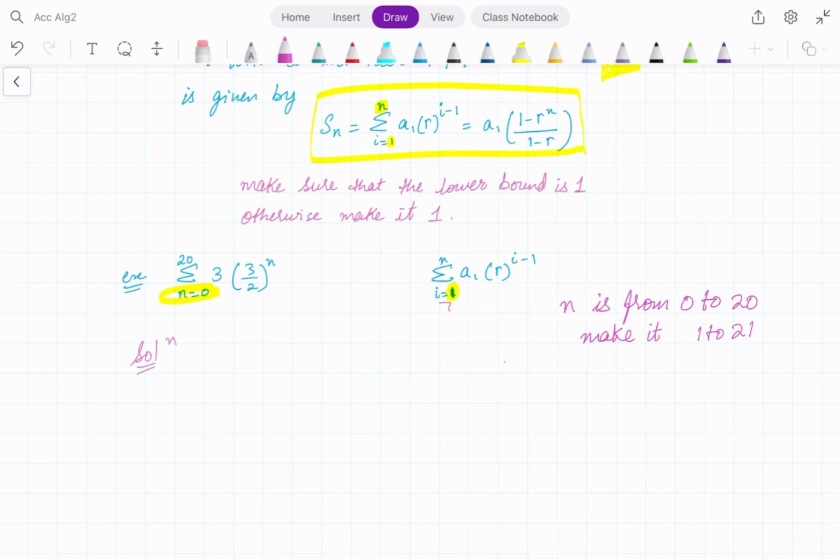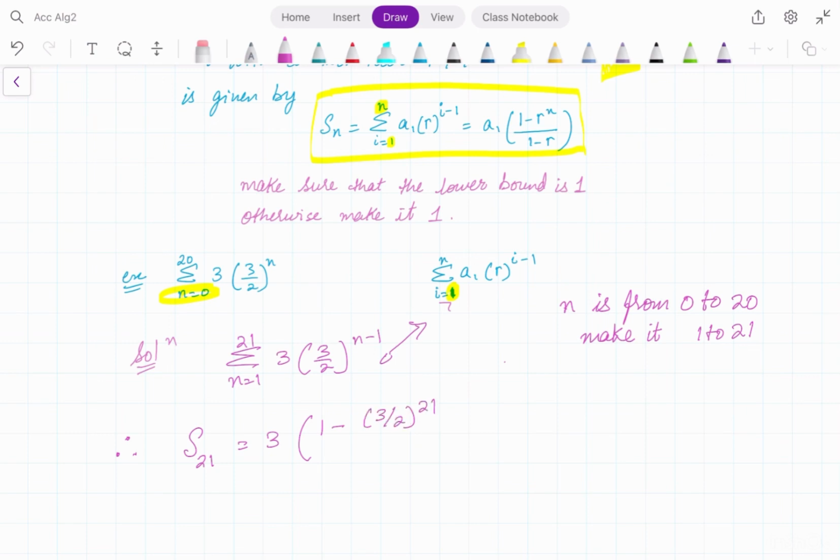And then we can write the new summation as n is equal to 1 to 21. Now this will be my equation. Again, we added 1, so n will be subtracted with 1 because my equation is n minus 1. That is my pattern, i minus 1. This should be in the same format of the summation.